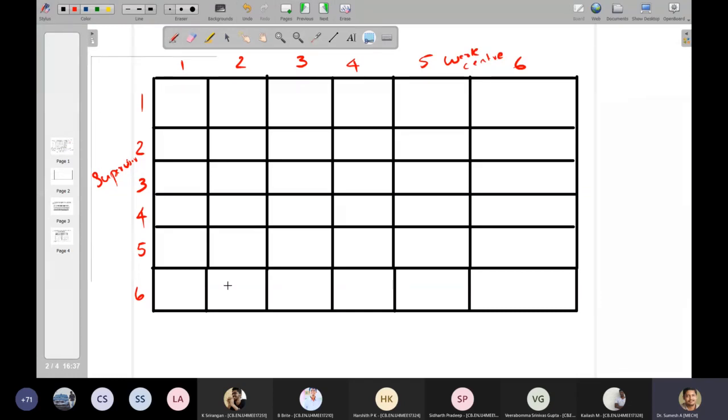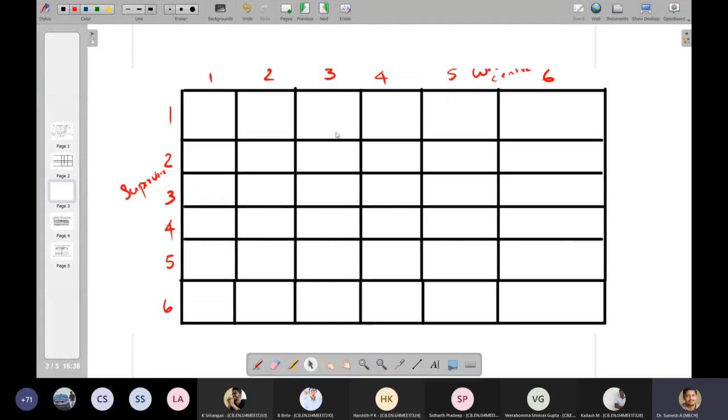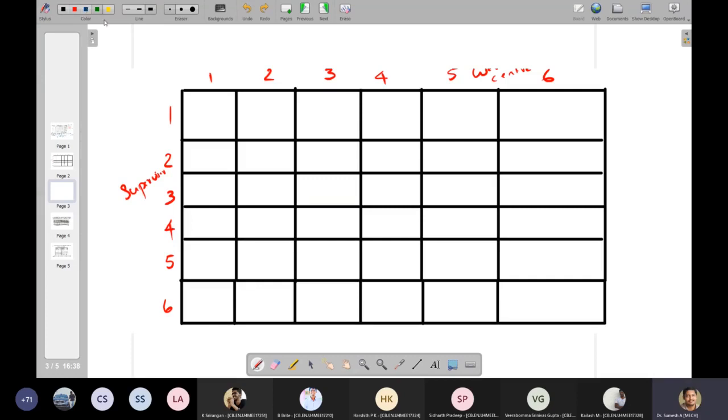I normally need a black table. So I am just writing the values after subtracting. It is 0.03. Okay, I'll change the font. 0.03.